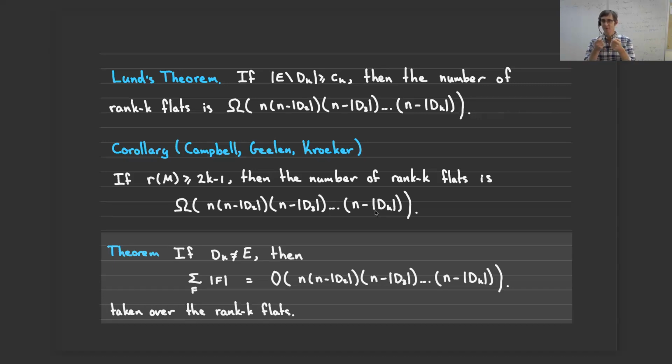So you end up with the same thing that happened for lines and planes. You get these special planes that don't come from the tuples and the ones that do come from the tuples. For the rank k flats that come from the tuples, the argument's essentially the same. It's just a bit more complicated for the rank k flats that don't come from the tuples. Even though they're not very numerous, they take most of the work to show that they don't destroy the average.